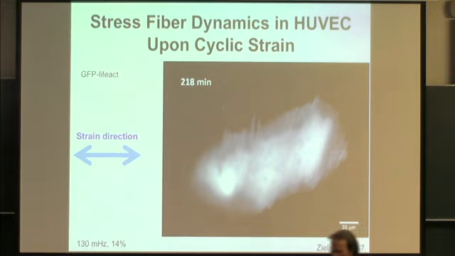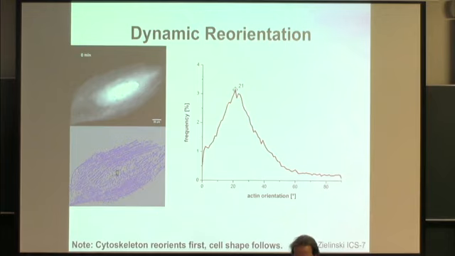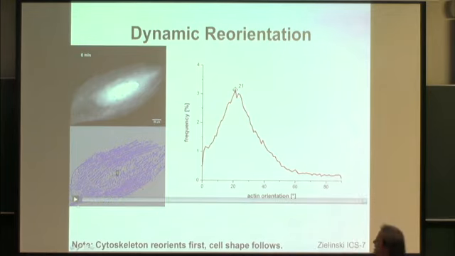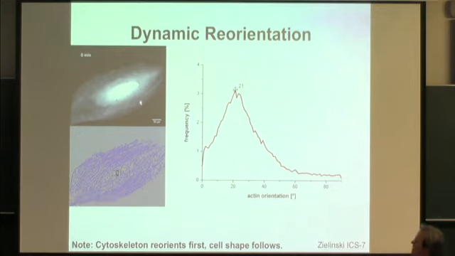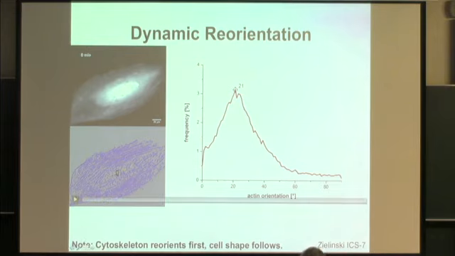Okay. Now we can apply the same algorithm as before to this movie, and what you see here is the same movie as before. Here you see where the stress fibers are found by our algorithm, and this is the histogram of directions of the fiber structures, and the tiny yellow arrow indicates the direction of the cell body.